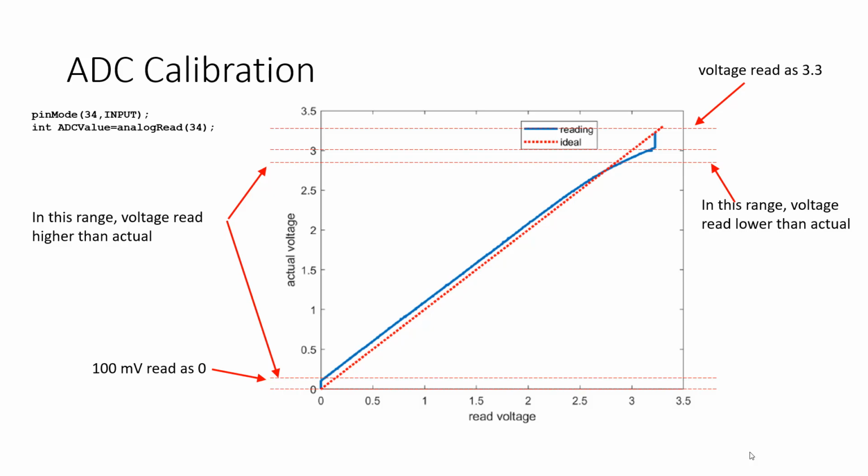The first thing we noticed is that if you look at the input into the ADC after the voltage divider, so if now we're considering an input voltage from 0 to 3.5 volts or so, as you ramp up from 0 to 100 millivolts, the ADC says 0 the whole time, the whole range. So it thinks 100 millivolts is a 0, right? That's because of the inefficiency of the ADC.